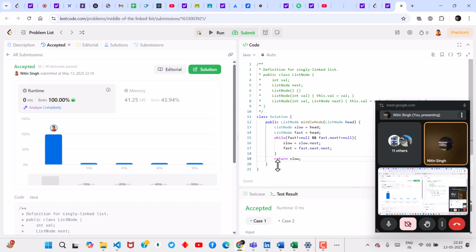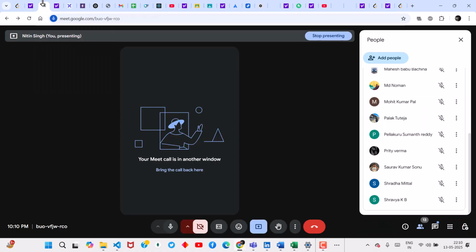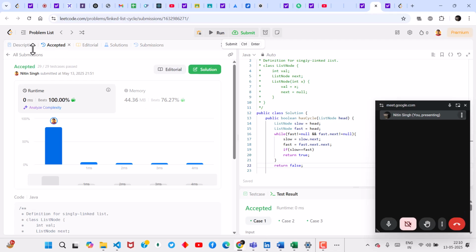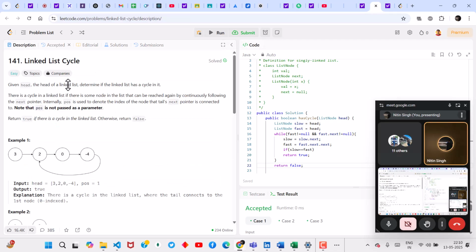Fine. Okay. Just give me a thumbs up if we are clear with the questions which we have discussed today. Both of the questions. I'll be starting with one more question, but the pattern will be same. You guys will be writing the code. I will just explain you the approach for that question. So the next question is the variation and the upgradation of this question, that is being called as linked list cycle.